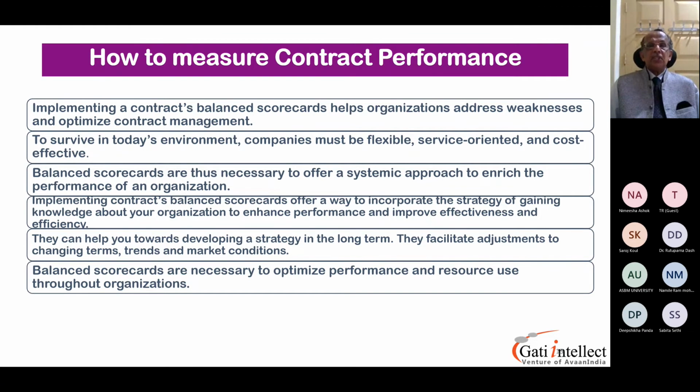Okay, so it's essential that it has to be mentioned. The strengths and the weaknesses within the organization, especially in the contract management scenario, have to be measured properly. To survive in today's environment, companies must be flexible, service-oriented, cost-effective. See, this is a very good summation.